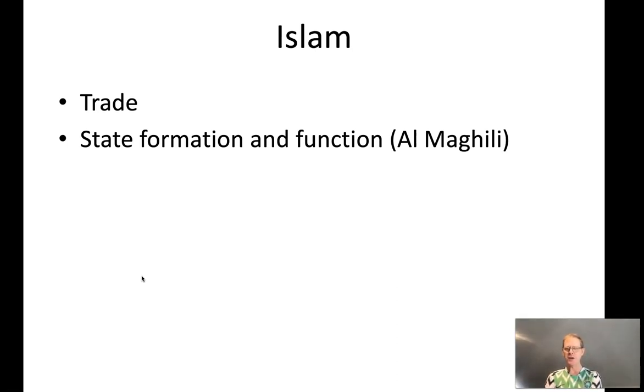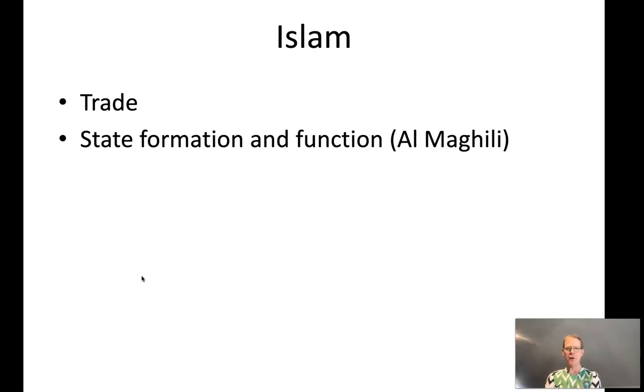And I think you're going to see that also in the Al-Maghili reading, the second primary source you have for this week. And what you're going to see in there, look in that one for evidence about how Islam can be used to help the state of Songhai form and function. Because that document is a series of letters.